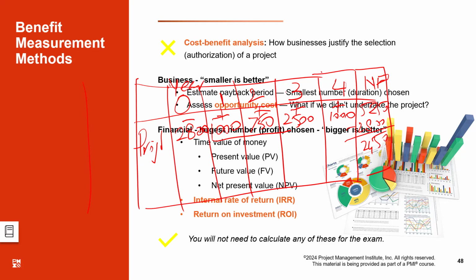Okay. All right. There is another concept which is called opportunity cost. This is not a method, but a concept. Have you heard about it? What is the opportunity cost? You make a choice and then you start thinking, what if I would have made the second best choice?